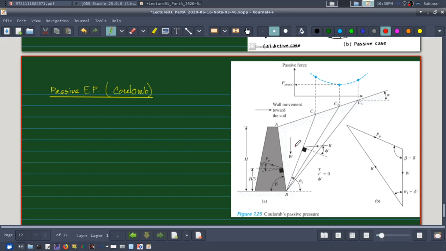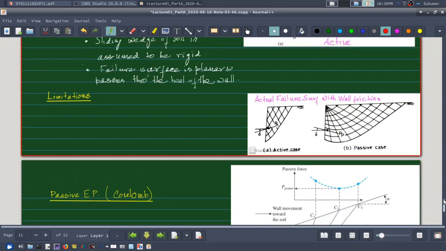Now, since I am assuming a planar failure surface in the passive condition, and the true failure surface, when I include wall and backfill friction, is much different from the planar case, because this curvature is huge. It extends up to a large distance from the heel of the wall. Therefore the error involved in using Coulomb's passive earth pressure is higher.